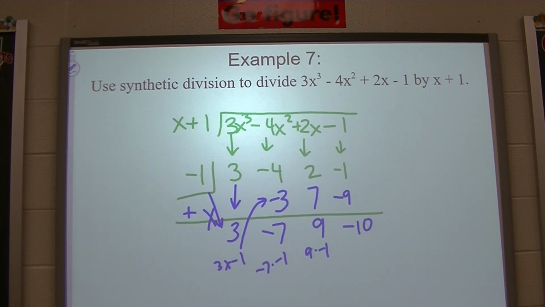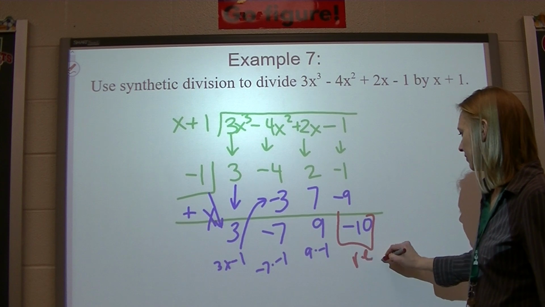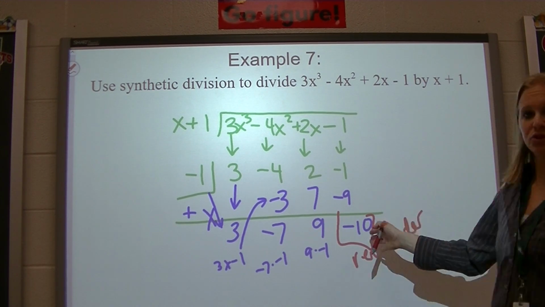Okay, so now it's a matter of figuring out what my actual solution is. And you actually get your solution by working backwards. This last column here is always your remainder column. Oh, I spelled it wrong. But that's always your remainder column.